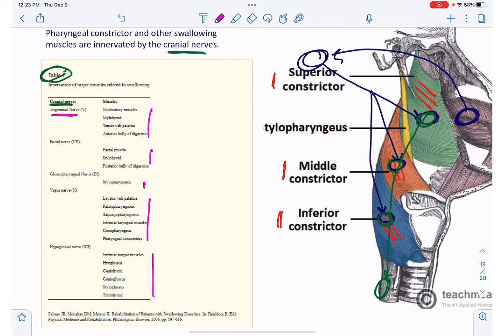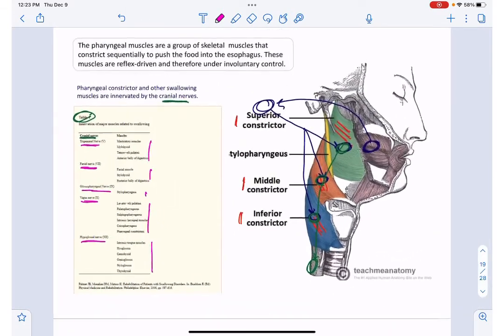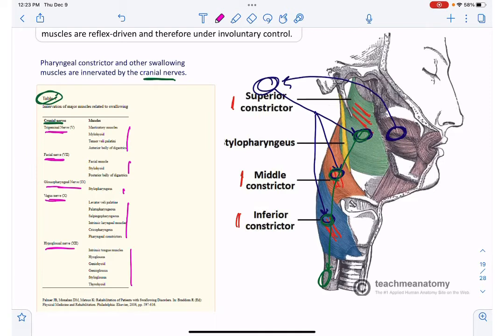And these are all the different cranial nerves that are responsible for their innervation. And why is that important to know? Well, if you have dysfunction with swallowing, then it may be nervous system dysfunction. It may be dysfunction with some of these cranial nerves.